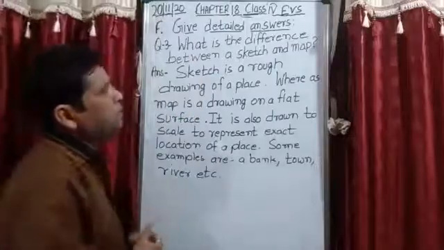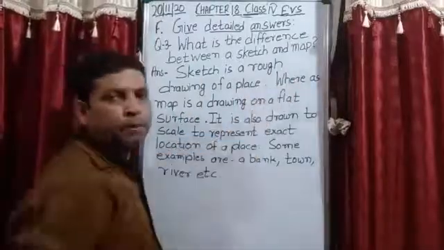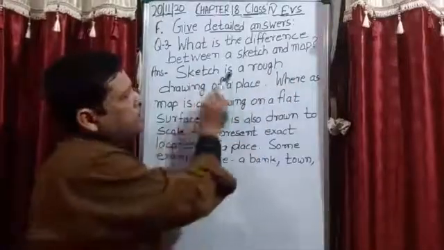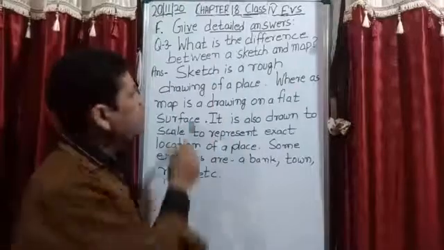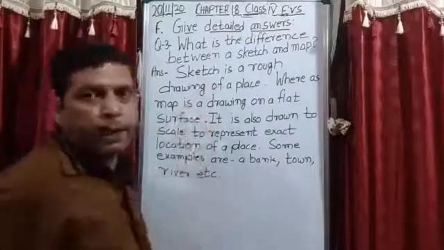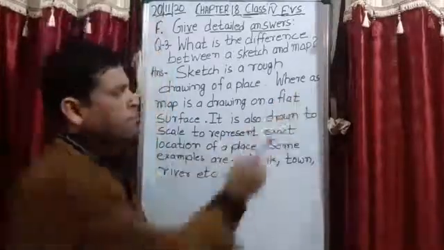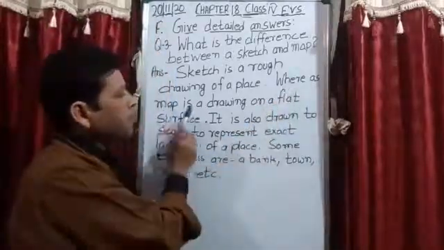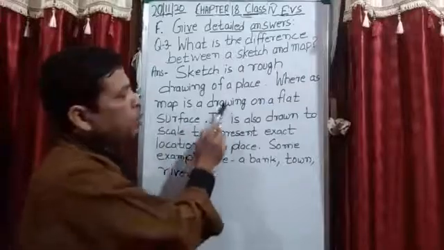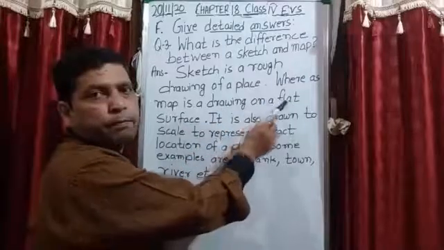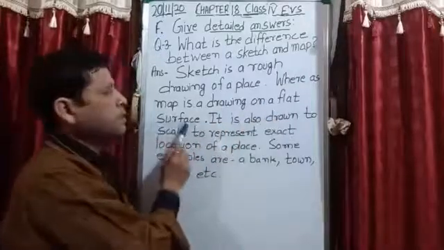So students, see what is the difference between a sketch and a map. A sketch is a rough drawing of a place, whereas a map is a drawing on a flat surface.